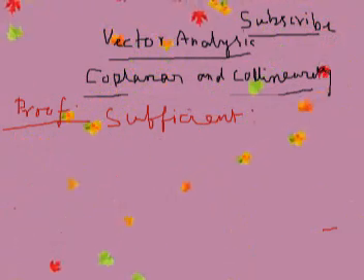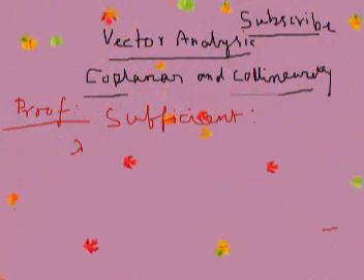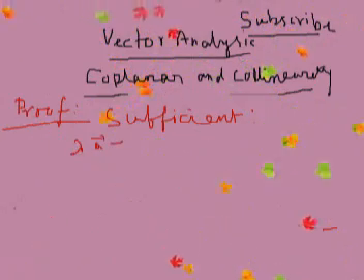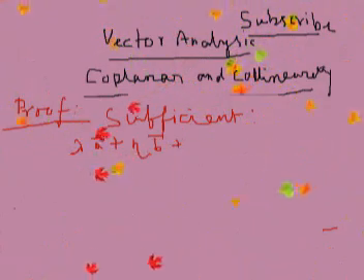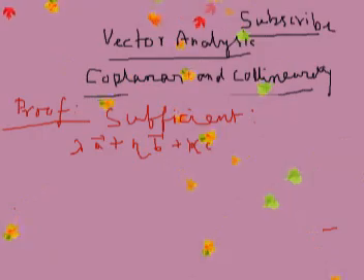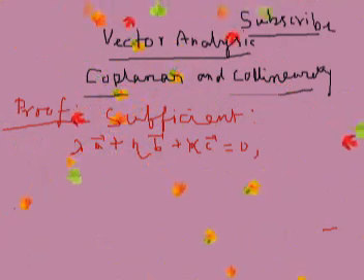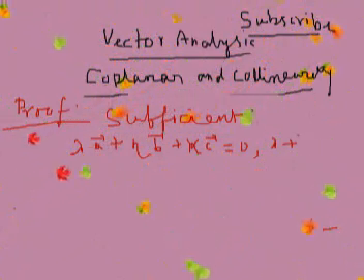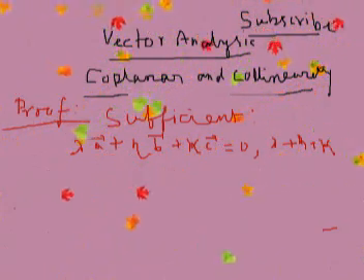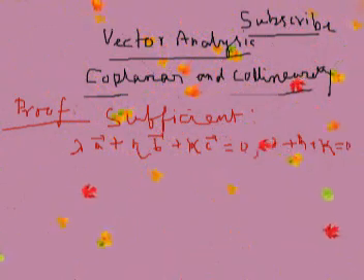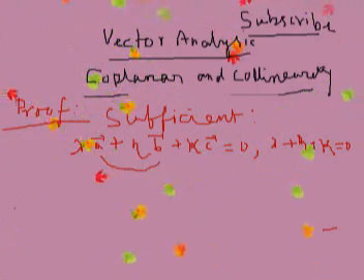So we have a relation that three vectors satisfy lambda A vector plus eta B vector plus kappa C vector equal to 0, where lambda plus eta plus kappa equal to 0. So this is the given condition. We have to prove that this is sufficient to make the three vectors collinear.